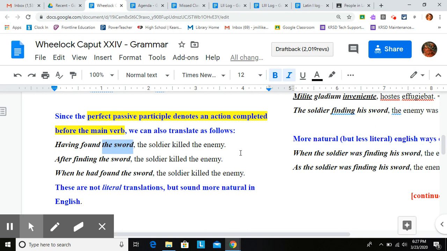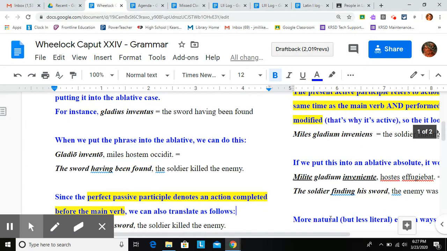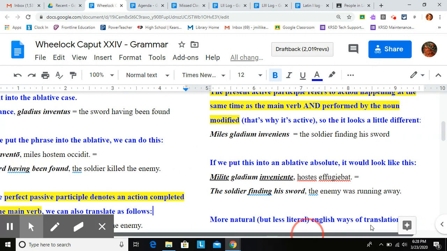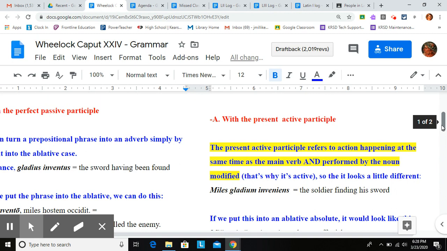Or, he polished his sword having been found, that is, he polished his sword after it was found, then it would be the direct object. But here, the sword is something separate. Soldier is the subject, enemy is the direct object. So that's why we make it ablative, just so we can find some way of connecting it to the sentence. So: a participle phrase in the ablative case used as an adverb.